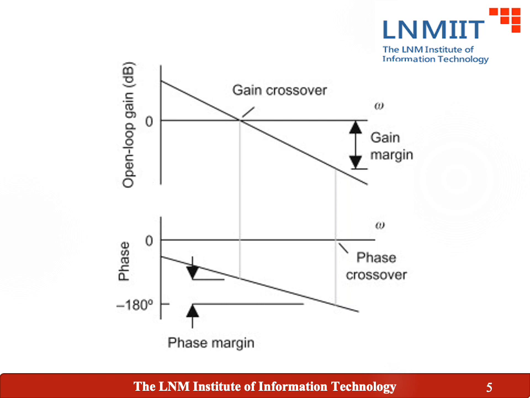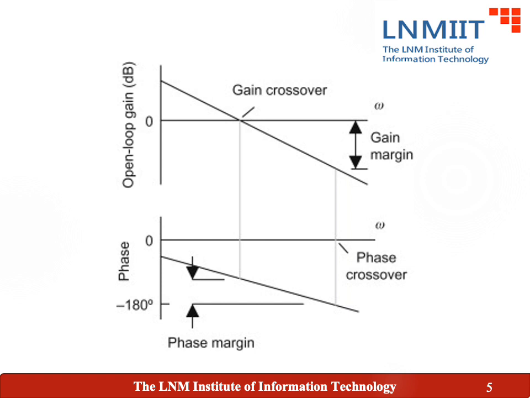Similarly, the phase crossover frequency is the frequency at which the phase of your system is equal to minus 180 degrees. This will give you the gain crossover and phase crossover frequency. I will repeat once again. The gain crossover frequency is the frequency at which the magnitude of the system is 0 dB, and the phase crossover frequency is the frequency at which the phase angle of your system is minus 180 degrees.